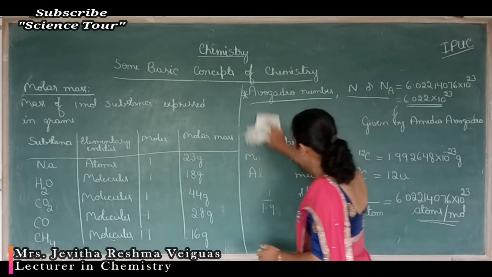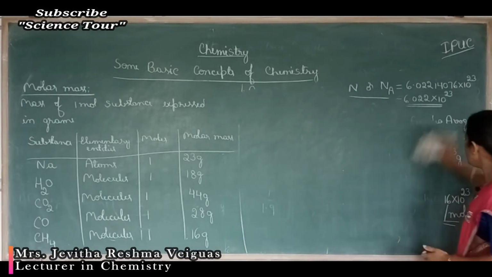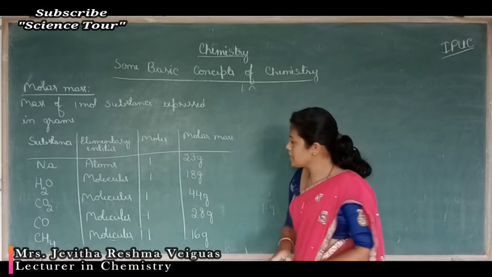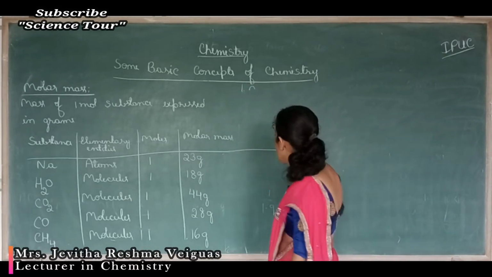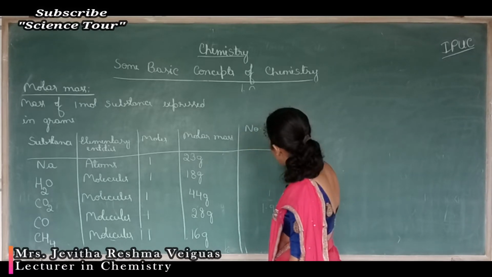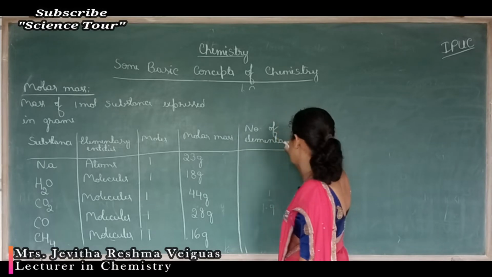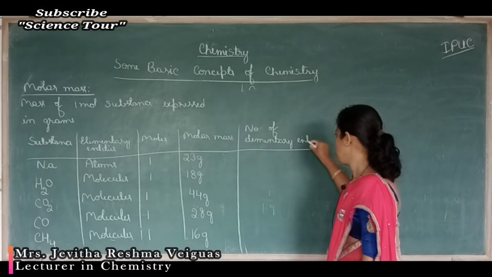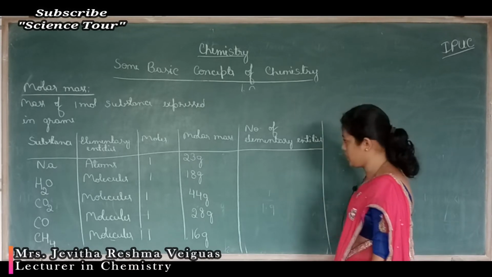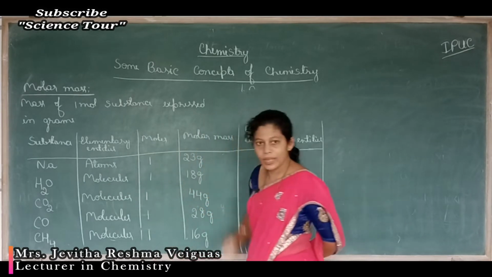Now, let's calculate how many elementary entities are present. Number of elementary entities. For sodium, the number of moles is 1.